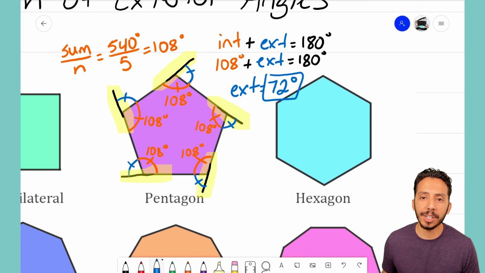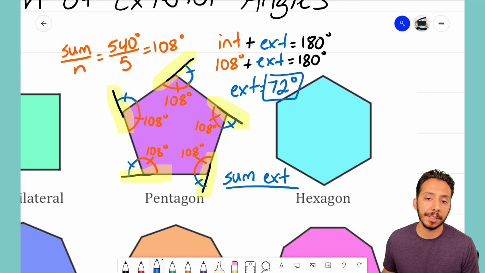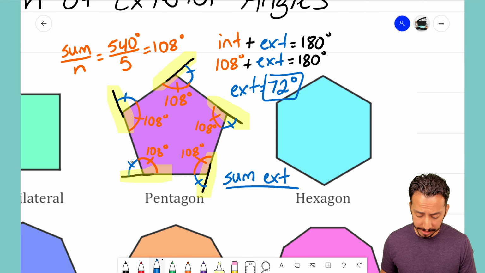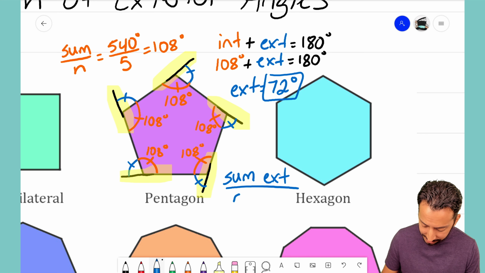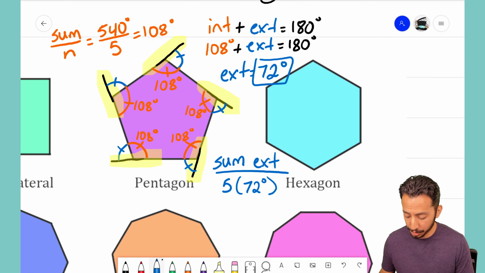But just like with the triangle, I'm not interested in just one exterior angle for this video. I want to find out what the sum of the exterior angles is. Again, for the regular pentagon, all of the exterior angles are congruent because we have congruent interior angles. So since each angle equals 72 degrees, and there are 5 of them, I just have to take 5 and multiply it by 72 degrees.